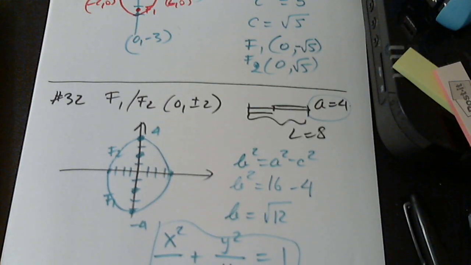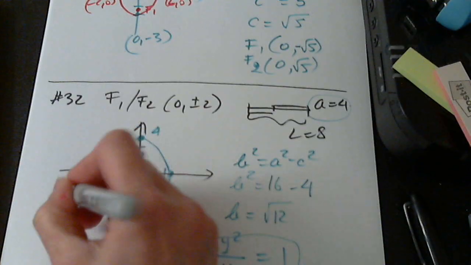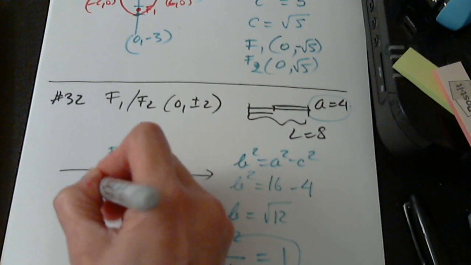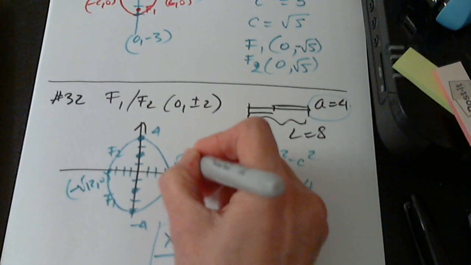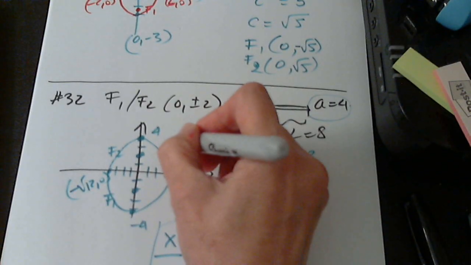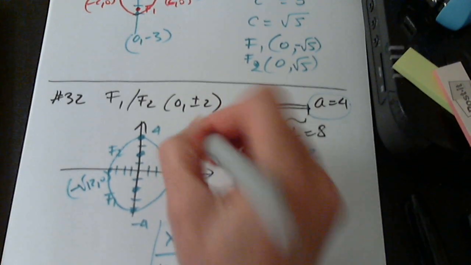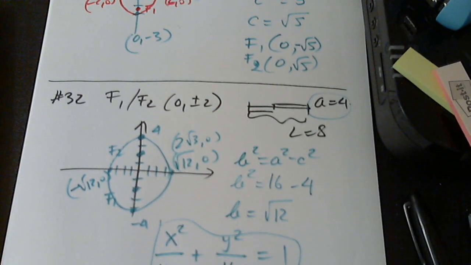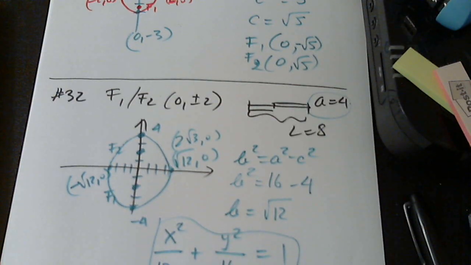Any questions? So this is again negative the square root of 12 comma 0, and this is the square root of 12 comma 0, or 2 square root of 3 comma 0, and negative 2 square root of 3 comma 0.